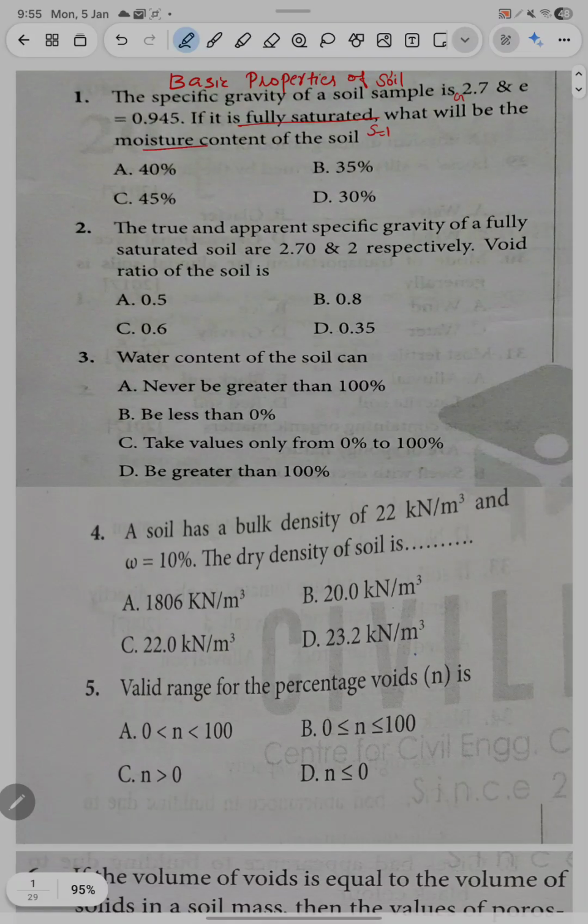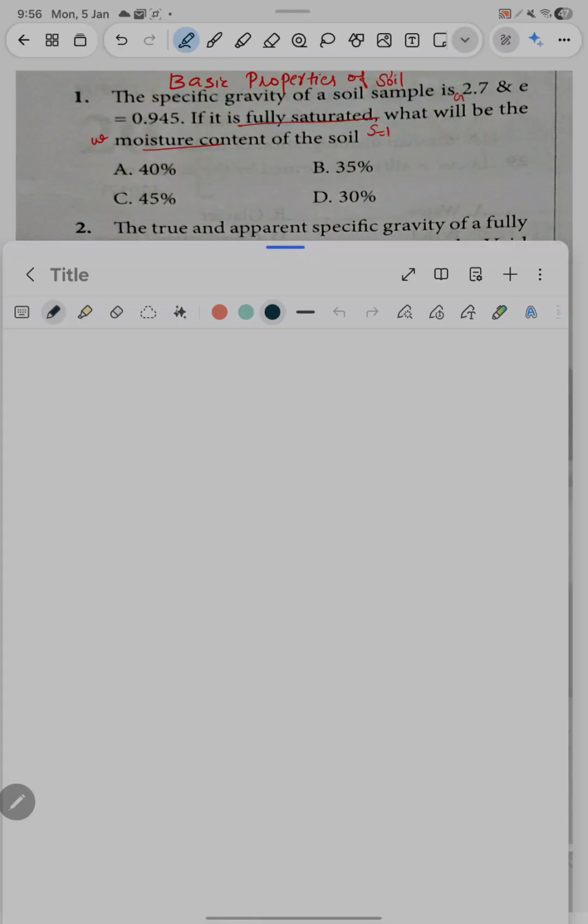Moisture content or water content denoted by W. So how do we solve this problem? Okay, just write what all properties are given in the question. Specific gravity G 2.7, void ratio E is equal to 0.945, and the degree of saturation S is equal to 1. We want to find out W.